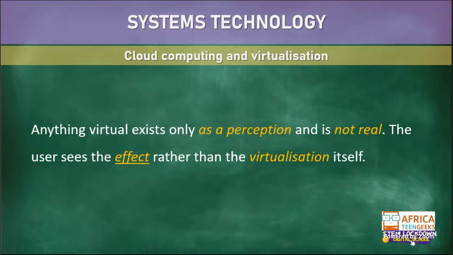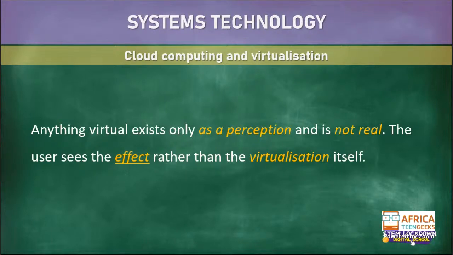We are discussing cloud computing, so it's only a perception and is not real. The user sees the effect rather than the virtualization itself. What does this mean? If you are running your company based on cloud computing, what you see is whatever you get from the internet, or you are looking at your browser.